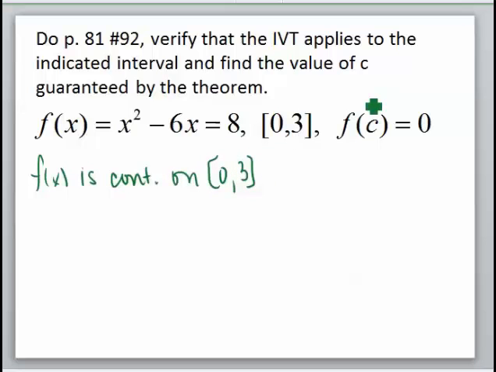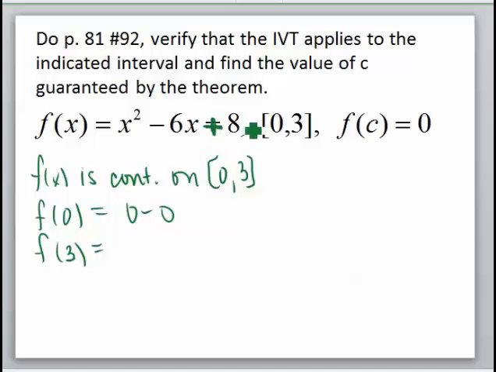The next thing we need to do is find the function height at each of the endpoints, so f of 0 and f of 3. F of 0 is 0 minus 0. We've got a typo here. Let's correct that. It looks like it's supposed to be plus.